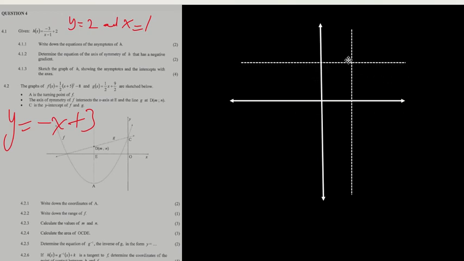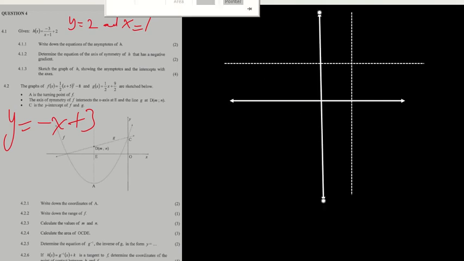Yeah, these are my asymptotes. These are the equations of my asymptotes. Let me enlarge everything a little bit. Much better now.